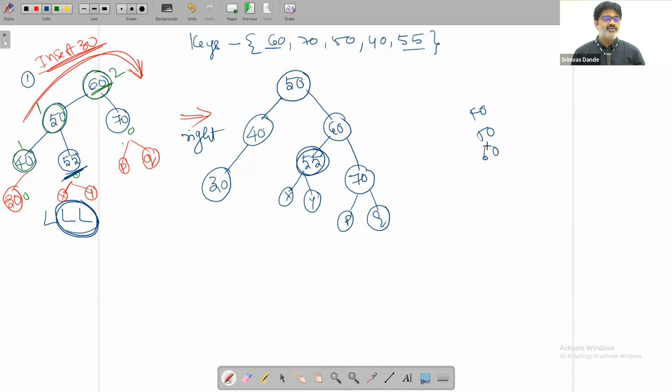I have taken 40, 50, 60 because I started from 60 mainly. Which node is unbalanced here? Tell me. Here I've taken 60, 50, 40. So which is the unbalanced node? 60. So I'm taking from 60 only.